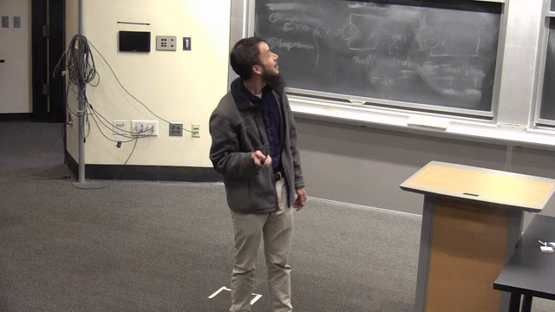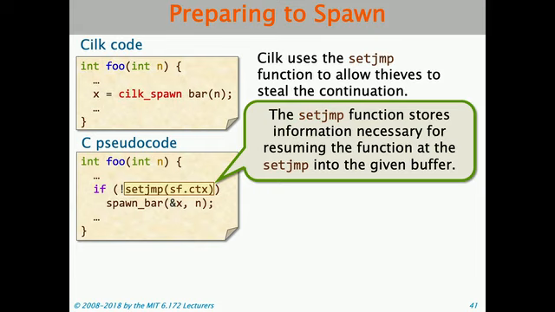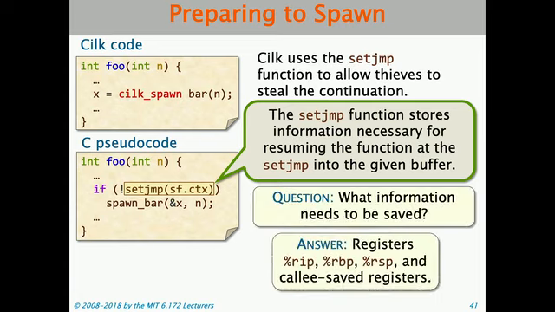We can rewind a little bit and see that you are correct. Oops, there we go. Yeah. So the original Cilk code, we had x equals Cilk spawn bar. That's the same x. All that Cilk does is pass a pointer to the memory allocated for that variable down to the spawn helper.